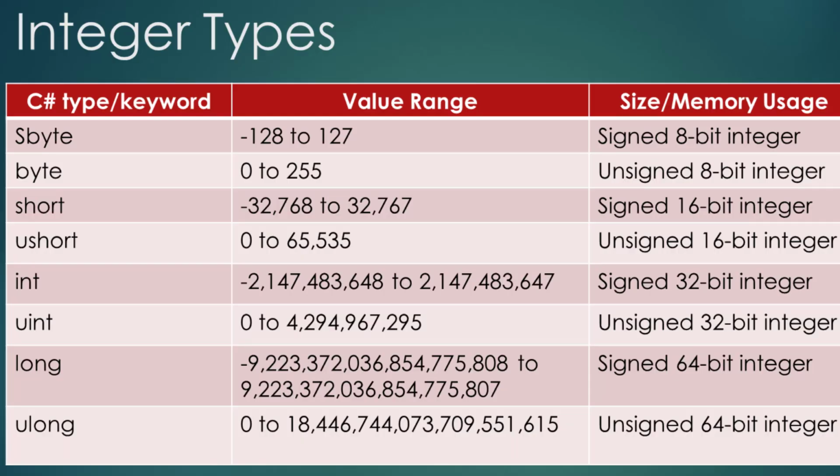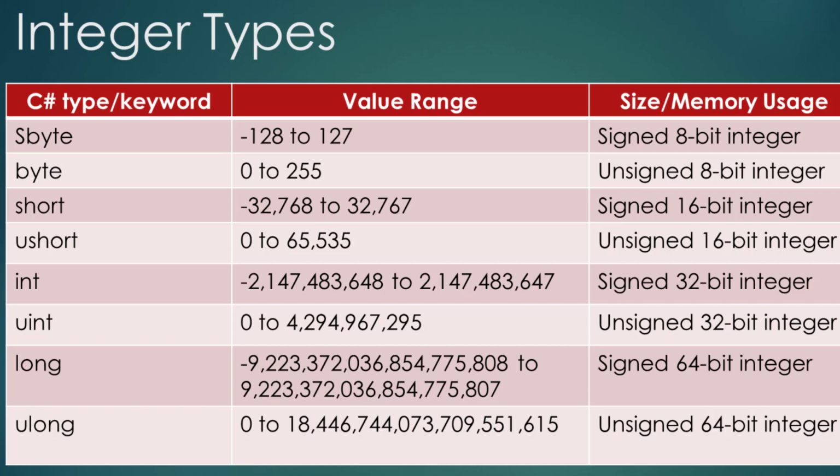The byte type is an unsigned 8-bit integer, meaning that it uses a single byte of memory and can only store positive numbers and 0, so the range it can store is 0 to 255. The sbyte is also an 8-bit integer, but since it's signed, the possible values get split down the middle, giving us a range of -128 to +127.